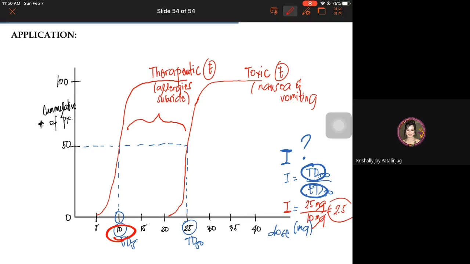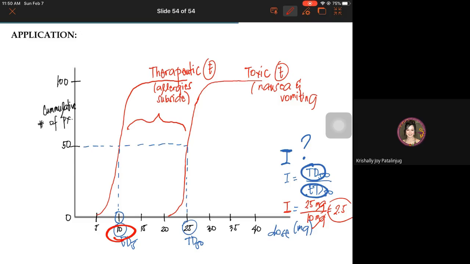So, kung sobrang liit lang ng value ng therapeutic index, that would mean sobrang narrow ng safety ng drug na 'yan. Let's say less than 1 lang yung therapeutic index. So, highly recommended yung drug monitoring for that particular drug. Kasi sobrang delikado kapag may slight changes na sa drug dose na 'yan.